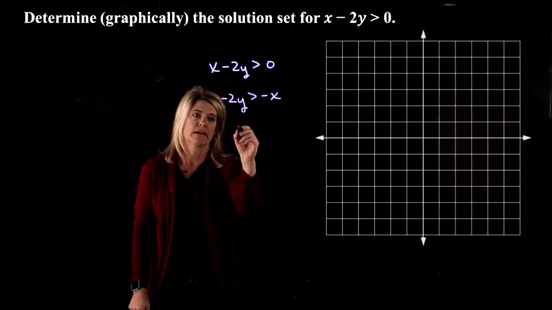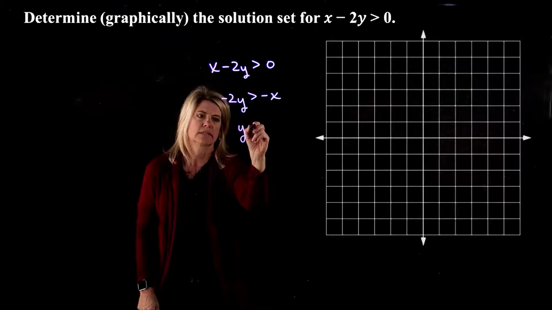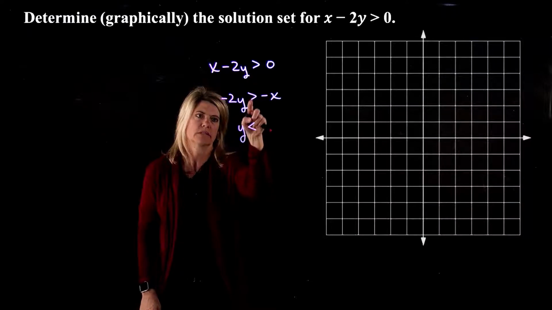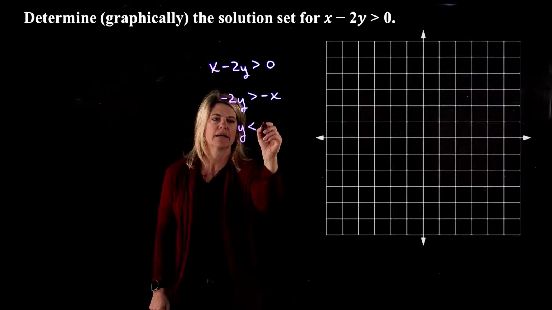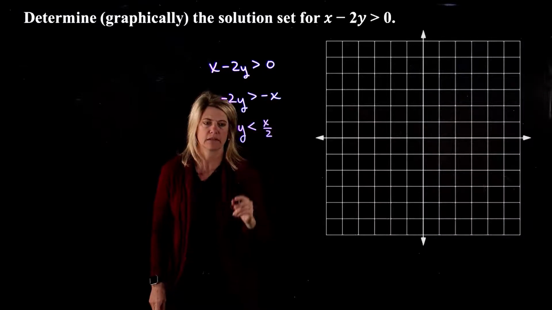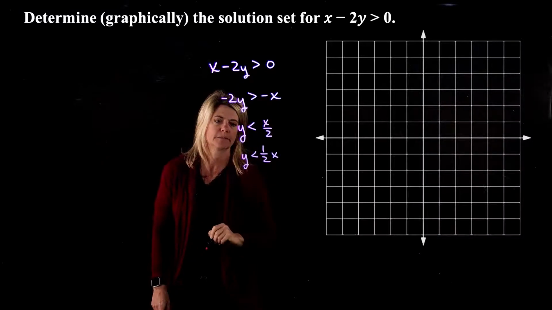So when I divide by this negative 2, I'm now going to get y is strictly less than. Notice I switched the sign. I divide by the negative 2 and I get a positive x over 2, which you can also think of as y is less than 1/2 x if you prefer it that way.